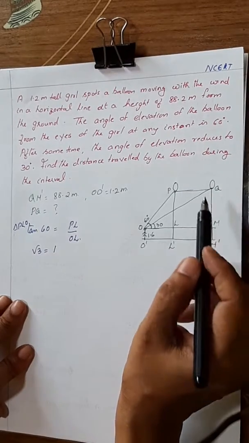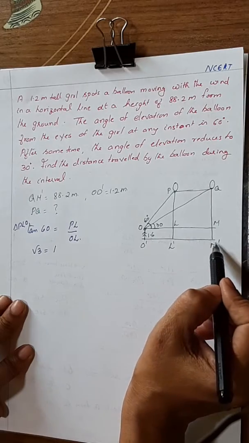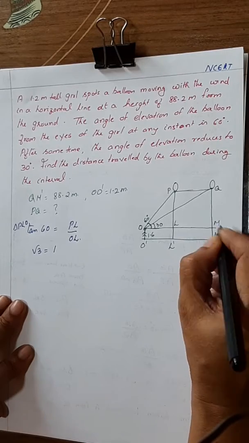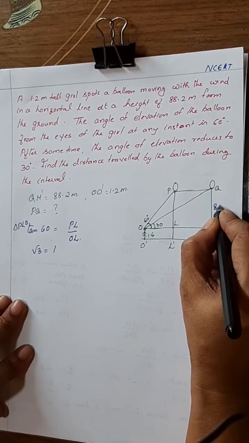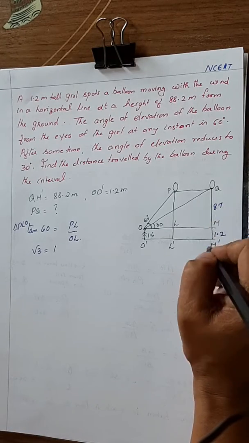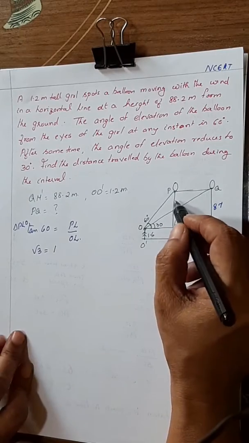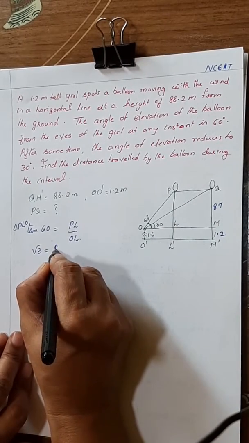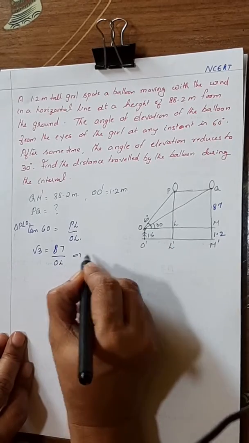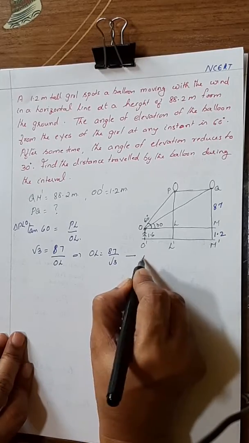The total height QM dash is 88.2 and the girl is 1.2, so this will be 87. So QM is 87. So PL will be 87 by OL. So OL is equal to 87 by root 3. This is the first equation.